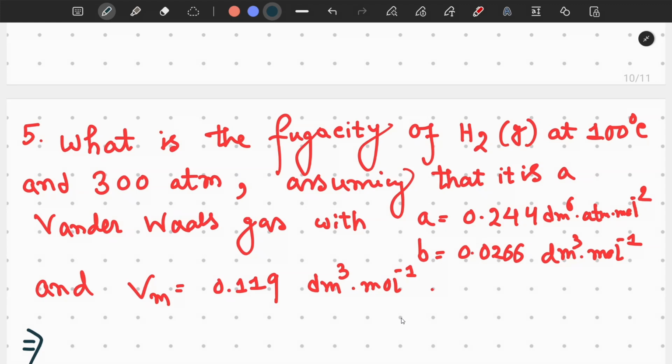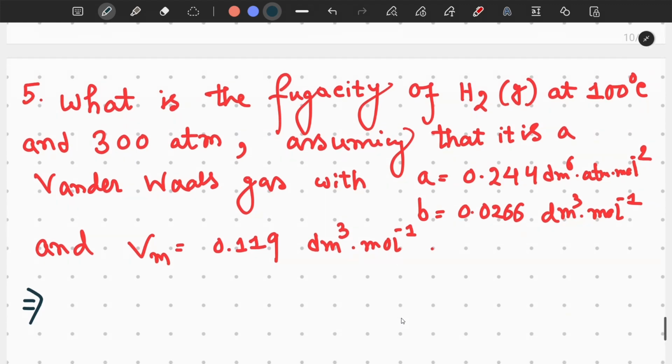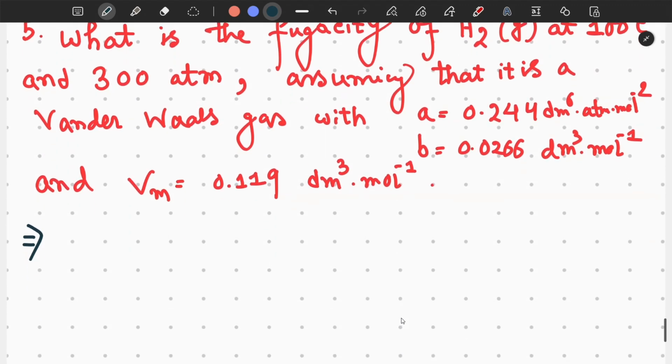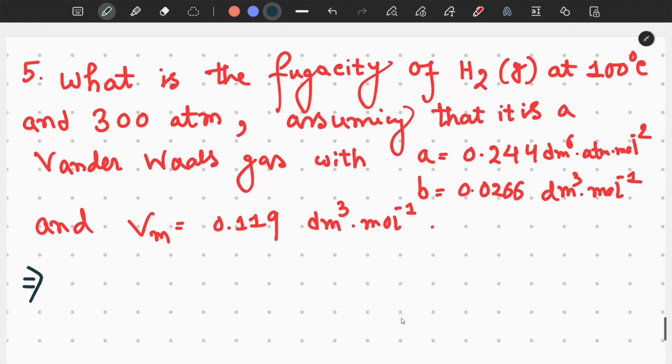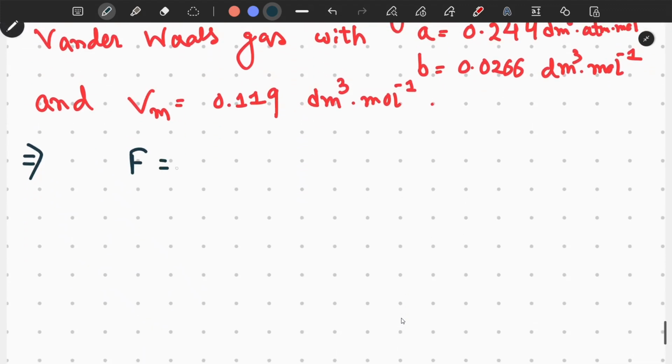Okay, let me do it, and I will give one more question for you to do at home by your own. First you have to calculate the Z, correct? Because you have to calculate the fugacity. The fugacity is phi times p.